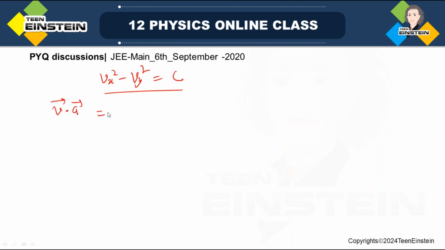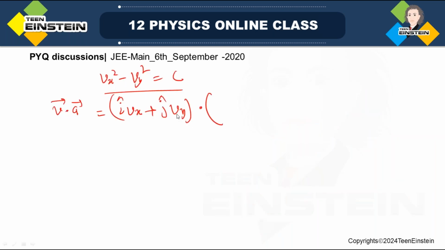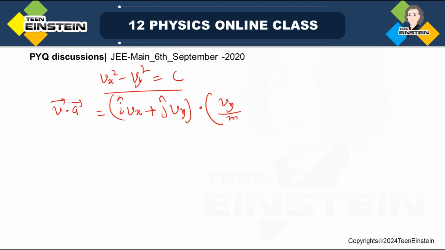See, v, what I can write, I cap vx plus j cap vy. Dot acceleration side, vy by m I cap, vx by m j cap.